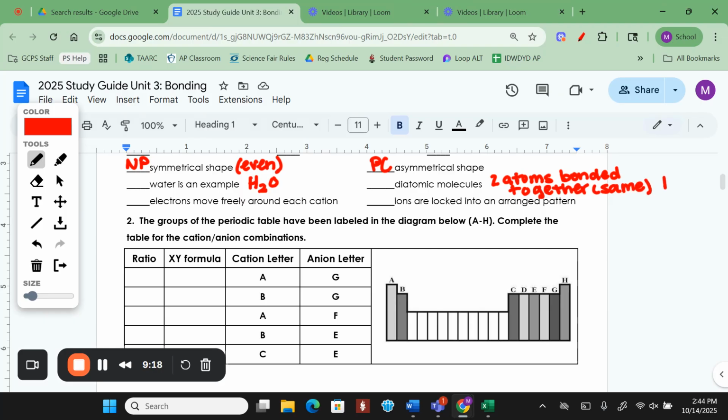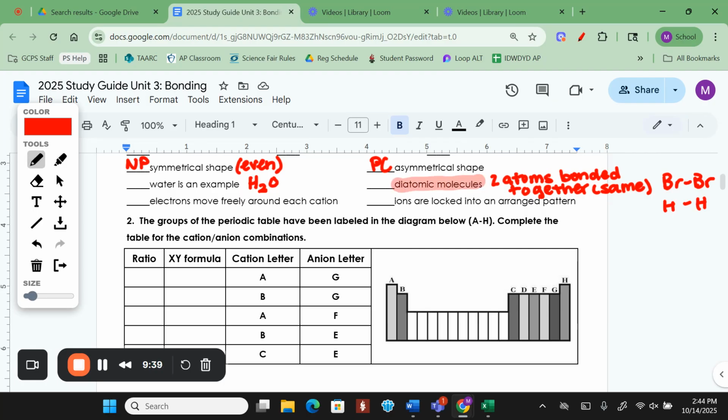So truly an example would be something like Br to Br, maybe H to H. You get the gist. But as long as on both sides of the bond, the dash in between the symbols, we're going to have the same atom, then we have nonpolar covalent, diatomic molecules. Go ahead and highlight this one because we're going to talk about this a lot later.